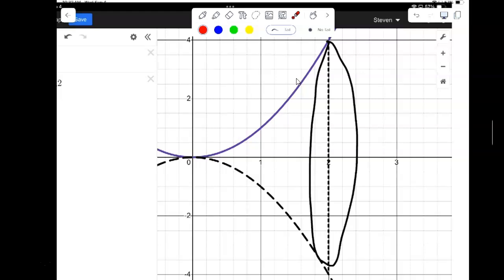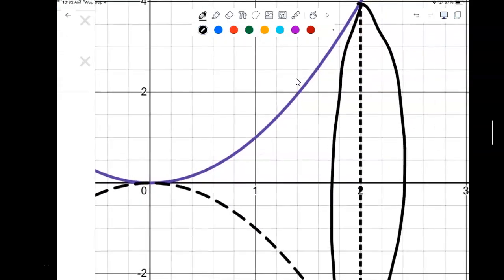And the idea is, well, if we were doing area, we used rectangles. So what if we take and make a rectangle here?